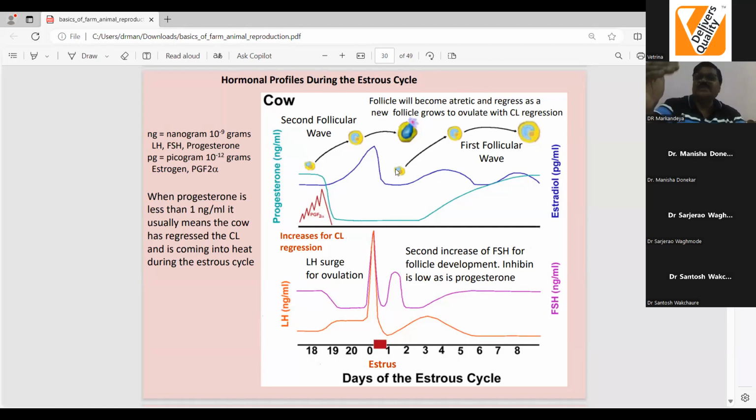Estrogen level goes up, then it comes down immediately and it is converted into progesterone. Progesterone level goes up, it is maintained for some time, then it goes down. Once again, estrogen comes up. In this particular manner, this estrogen-progesterone cycle, like the pedals of a cycle, is playing the role.